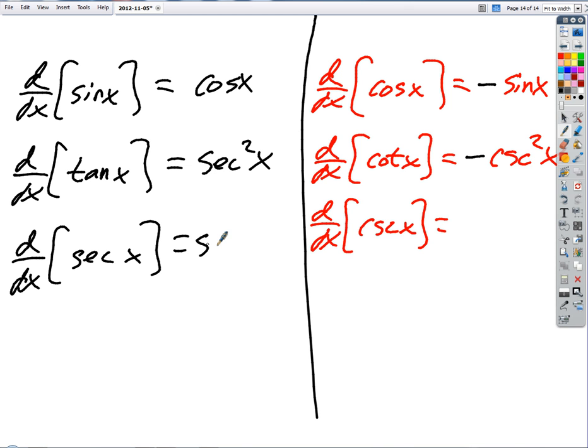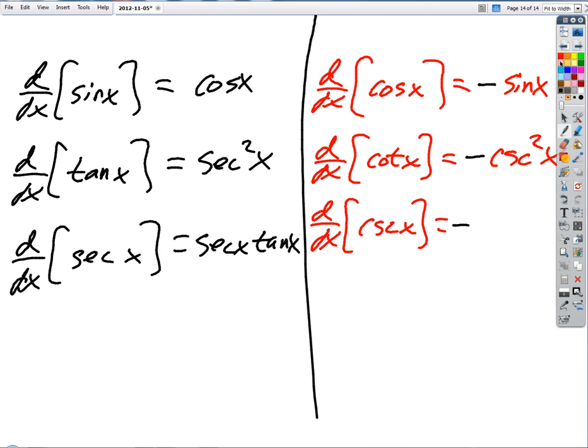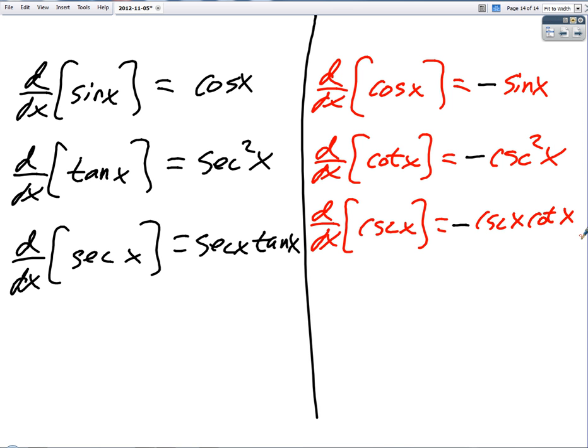Derivative of secant, we said, is secant x tangent x, so we got to have the opposite, the cousins of those. Whoops, cosecant x, cosecant x cotangent x. Right? Make sense?